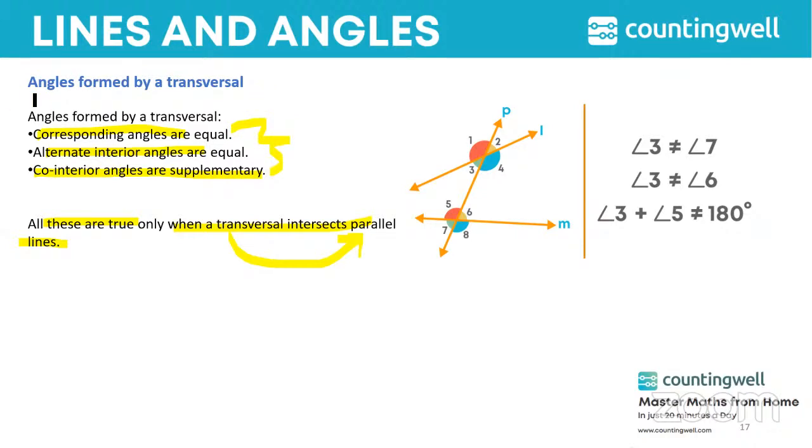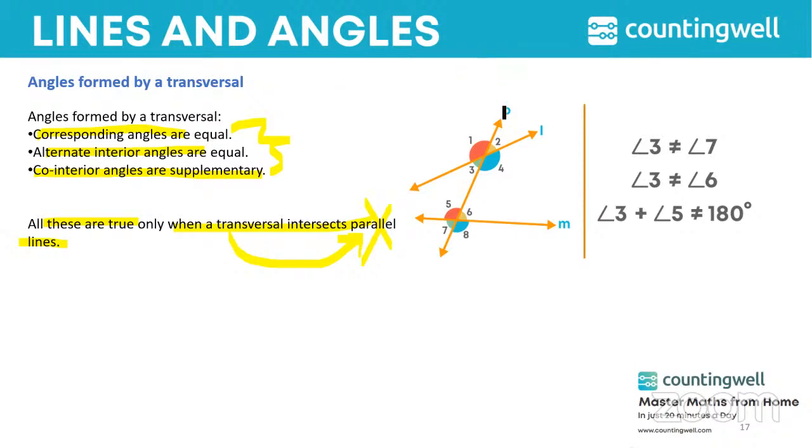That means corresponding angles will be equal, alternate interior angles will be equal, and co-interior angles will be supplementary. But if it is not given that the transversal is intersecting parallel lines, then none of these will be holding. And we will not be sure whether the angles will be equal for corresponding and alternate interior, and we will not be sure for the co-interior angles being supplementary.